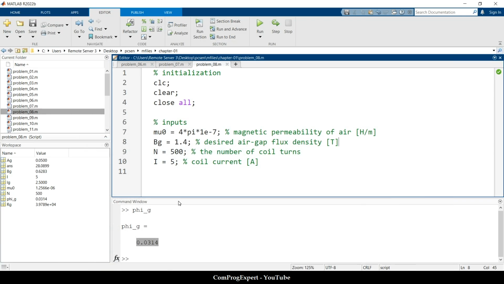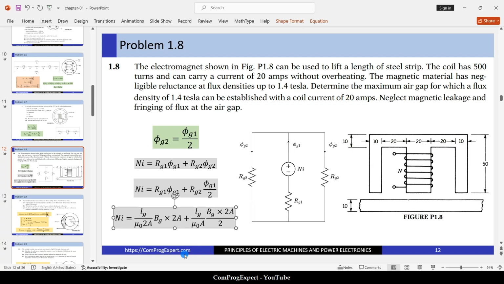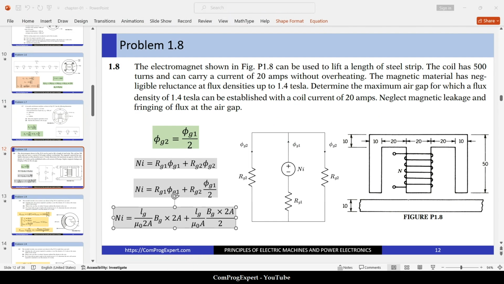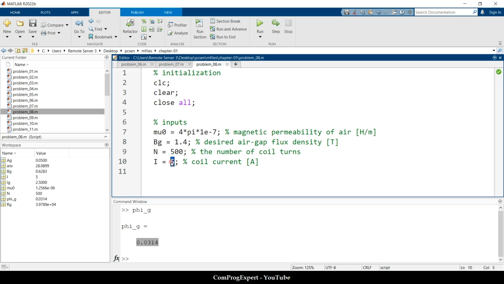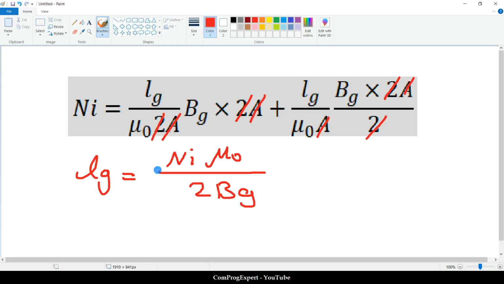And we know the number of turns is equal to 500. The value of the current is equal to 20. This is the coil current, 20. And we can calculate the value of the L gap using this equation.